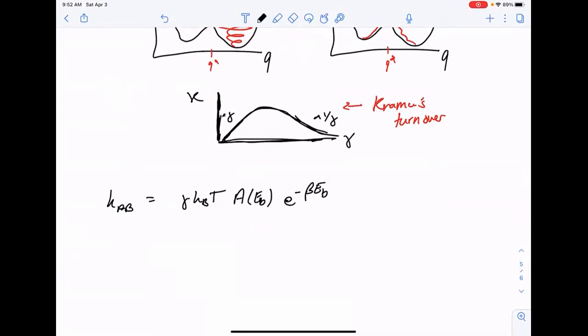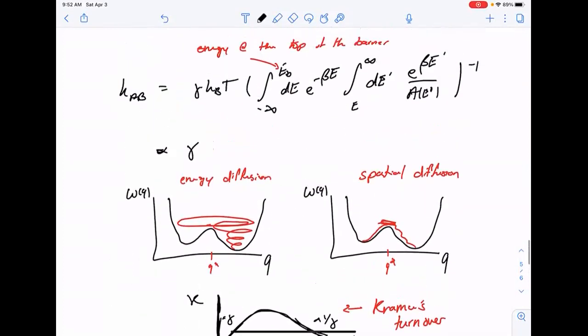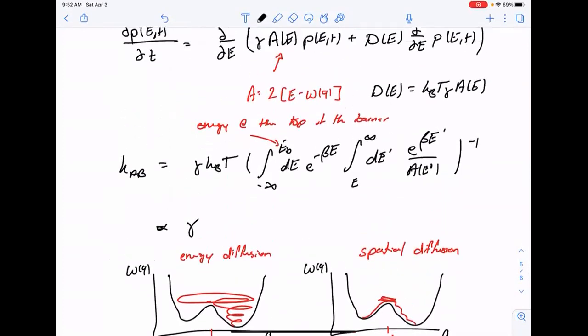This is essentially saying that as the energy diffusion is related to that action as a function of energy, I just ask what the value of the diffusion coefficient in energy is at the top of the barrier.